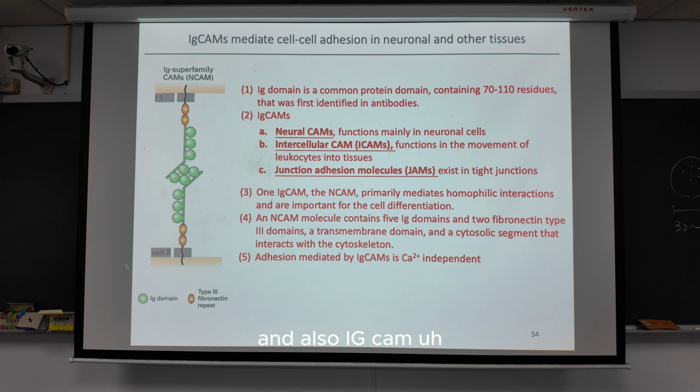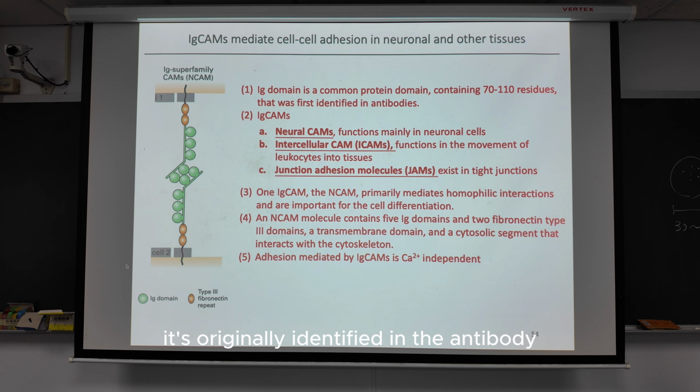And also the IgCAMs, which we showed you in the beginning. We showed there are 4 types of CAMs. The IgCAMs contain many Ig domains, which have a bowl-like structure. Ig stands for immunoglobulin.